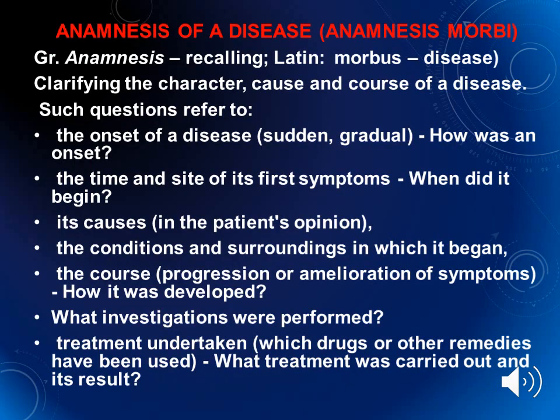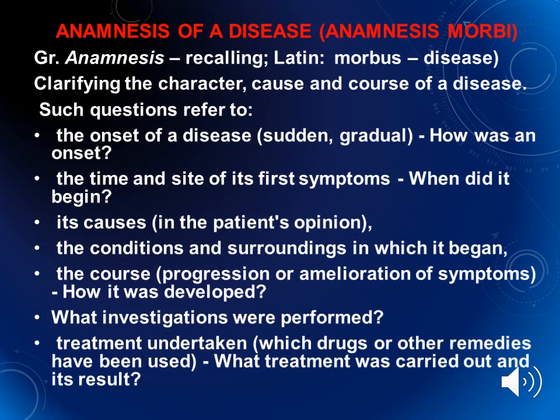The next step of history taking is anamnesis morbi, or anamnesis of disease. And the main goal of this part of history taking is to reveal or clarify the character, cause, and course of disease. Which questions are important? They are shown here. First is the information about the onset of disease, the time and site of the first symptoms, causes of disease in the patient's opinion, the conditions, surroundings in which it started, and the course of disease.